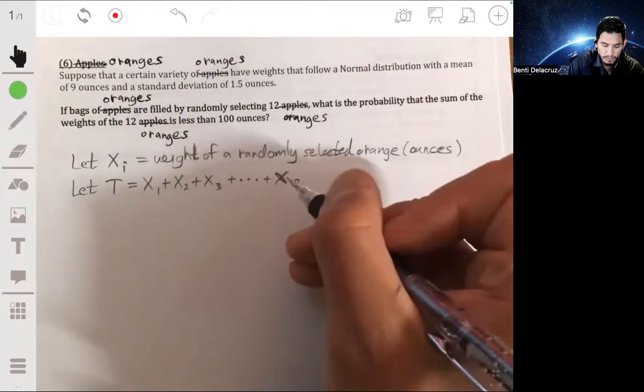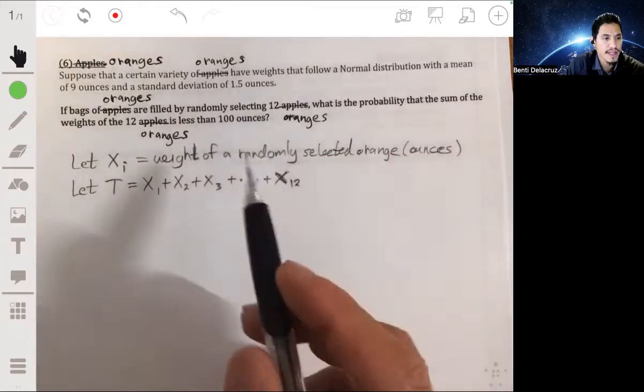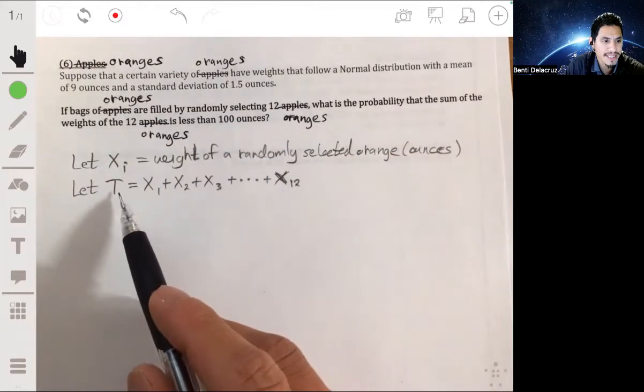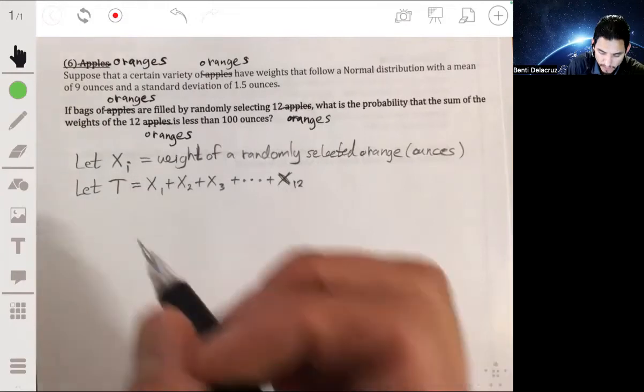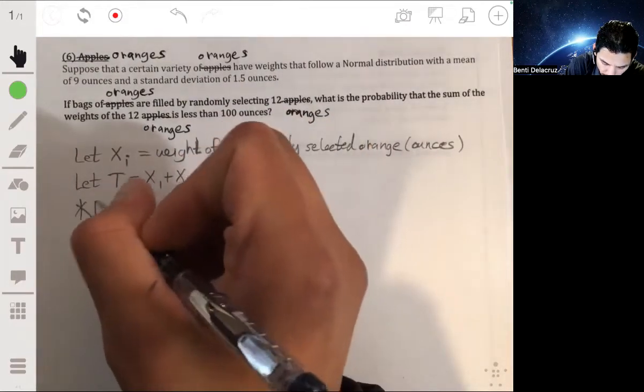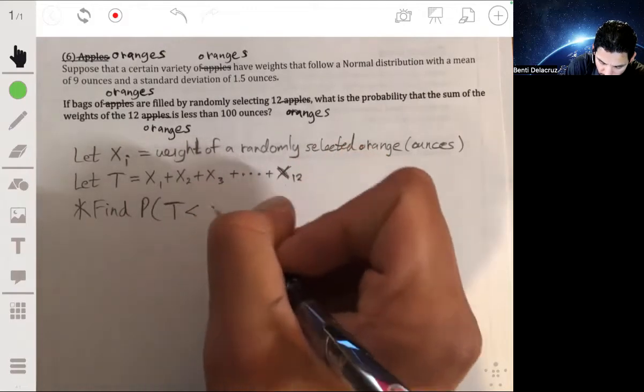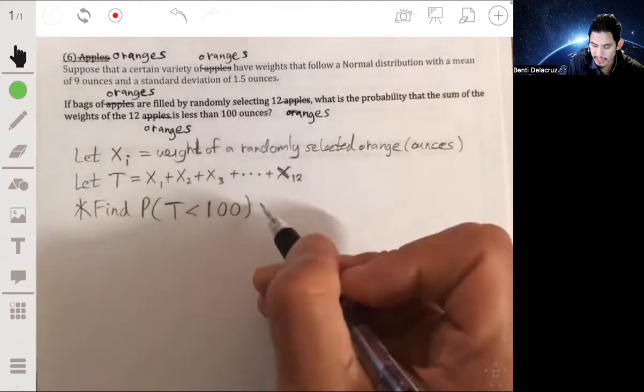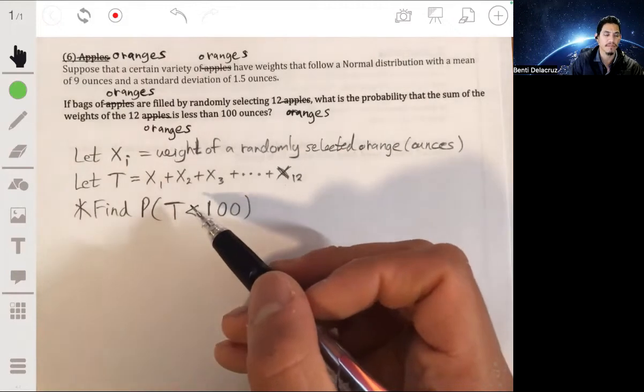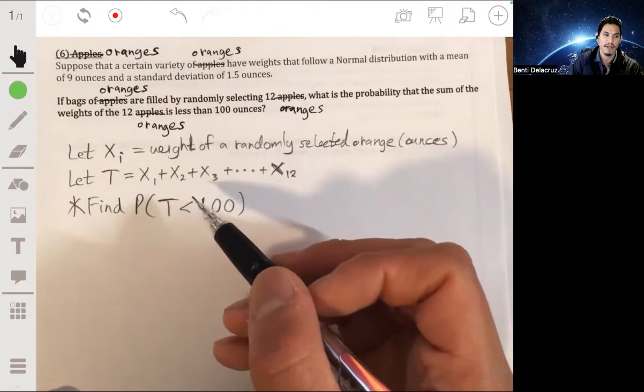Now, we want to then find the probability that t is less than 100. So our goal is to find the probability that t is less than 100. Not the probability that x is less than 100. So it's a different distribution, different variable we're actually talking about.